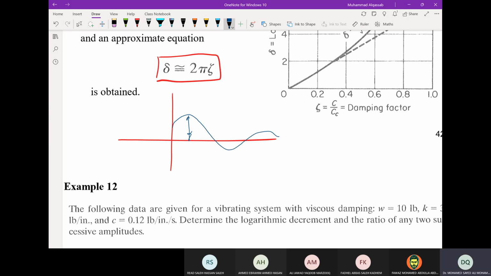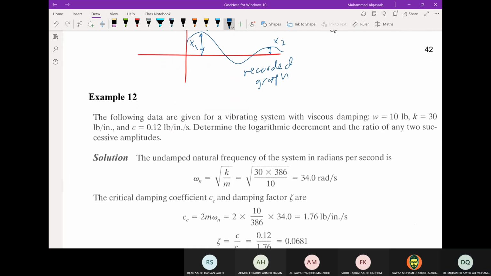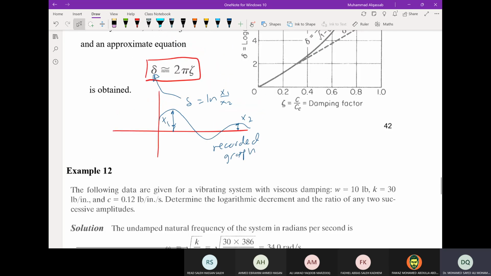Then delta is equal to ln x1 over x2. We substitute this here and find zeta. So experimentally, you can find zeta from this equation by first calculating delta from the recorded graph. And we can do this next time, example 12.